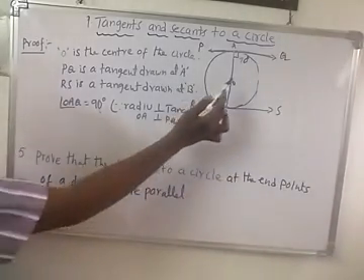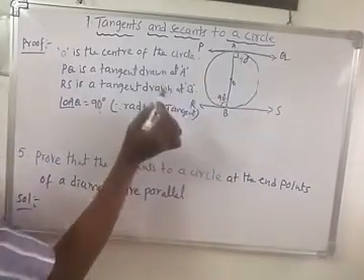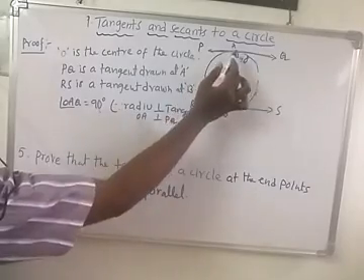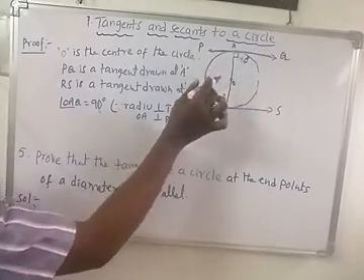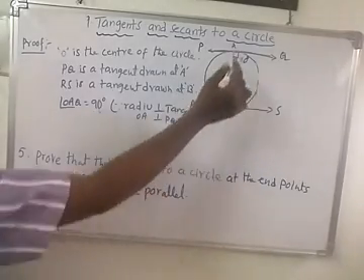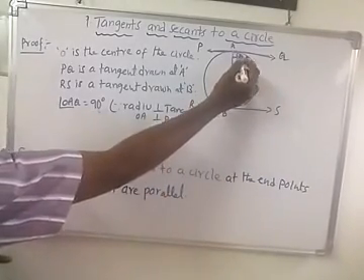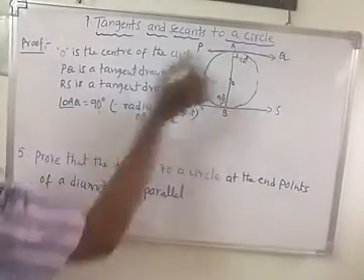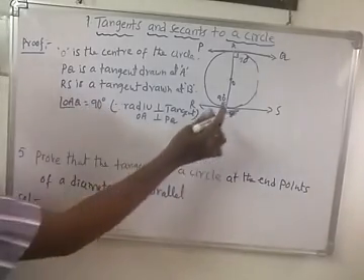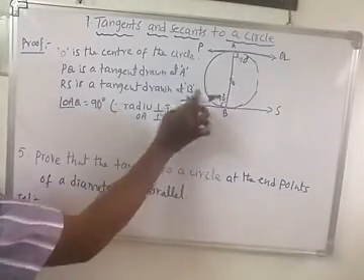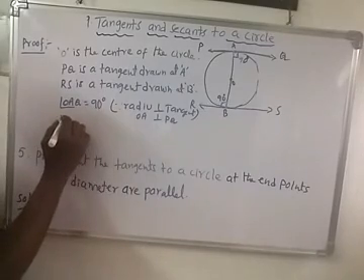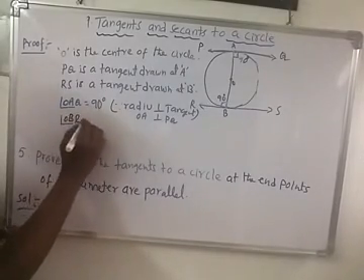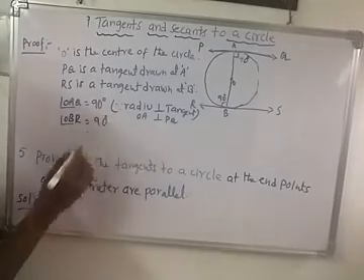Now angle OAQ is equal to 90 degrees because tangent and radius are always perpendicular to each other. And also angle OBR is equal to 90 degrees.